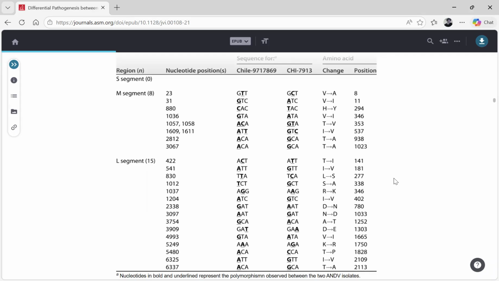I suspect that we will see in the future something much worse that will be more problematic and be classified as either a category 2 or a category 1 bioweapon. Right now, it's a category 3 or category C, depending on how you want to classify it. So that's where we're at.